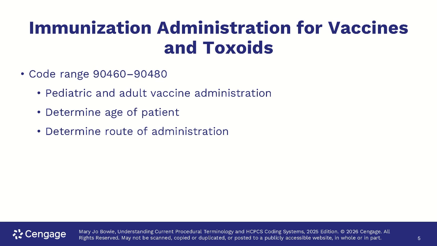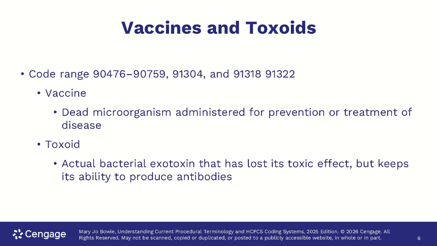I talked about the vaccine administration, but now we need the vaccine product. A vaccine is a dead microorganism that is administered for the prevention or treatment of a disease. A toxoid is the actual bacterial exotoxin that has lost its toxic effect but kept its ability to produce antibodies.